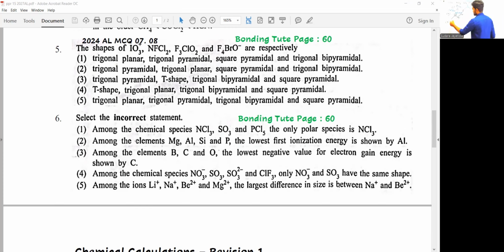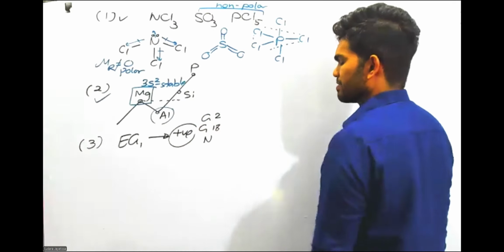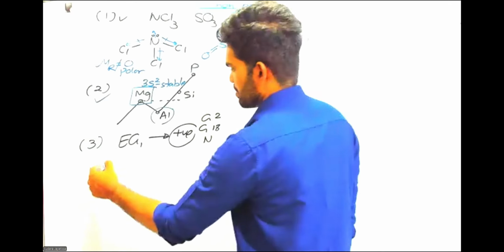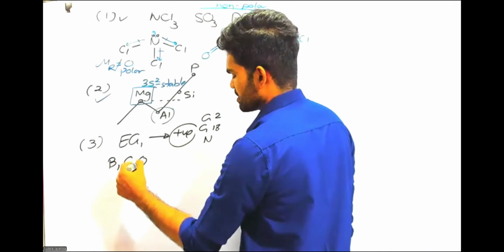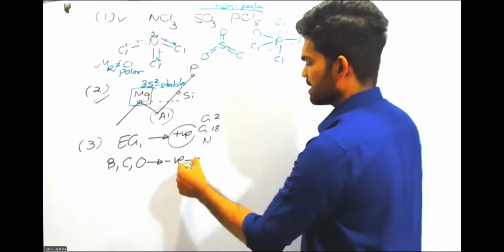Because if you take EG1 positive, that means those who don't like to take the electron are group 2, group 18 and nitrogen. All others have negative values. So your boron, carbon, oxygen, they all have negative values. That means they like to gain electrons.